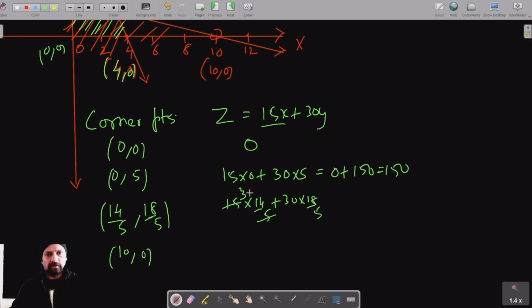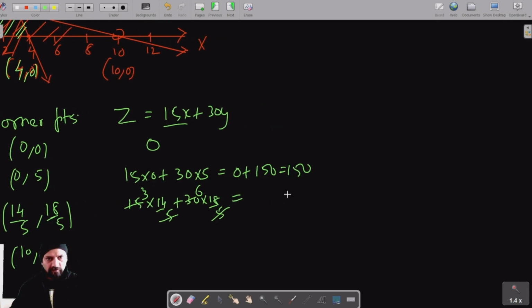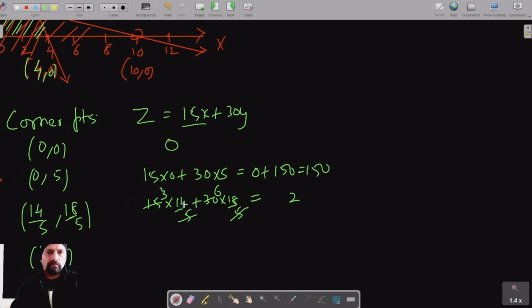So 5 3s are 15, 5 6s are 30. This is 14 into 3, 3 4s are 12, so 42, plus 8 6s are 48, and 108.